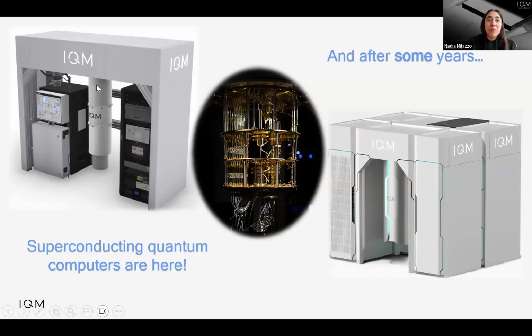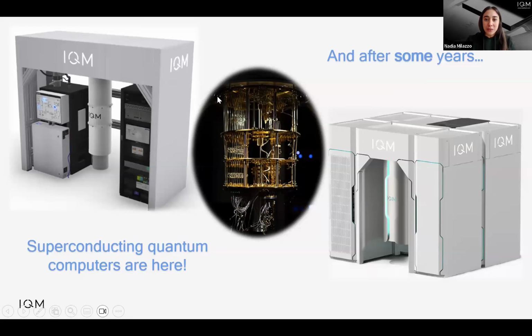And you will be surprised, maybe or maybe not, to see that there is a lot of machinery around the QPU. I'm curious whether you have an idea where the QPU is among all these instruments. We will have a closer look at it, but just try to imagine where it could be.